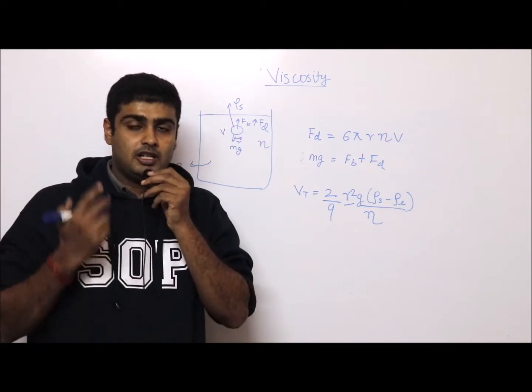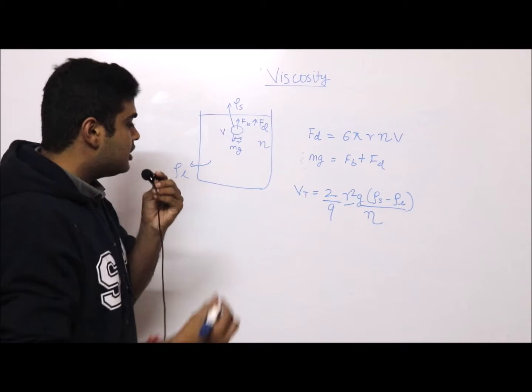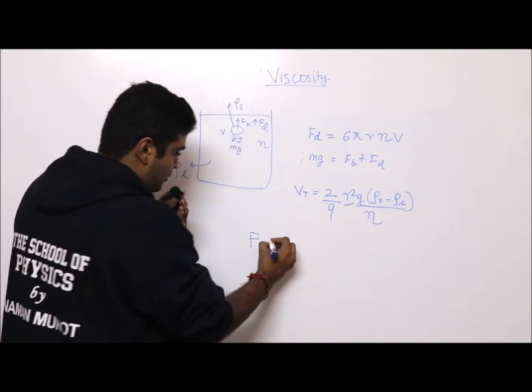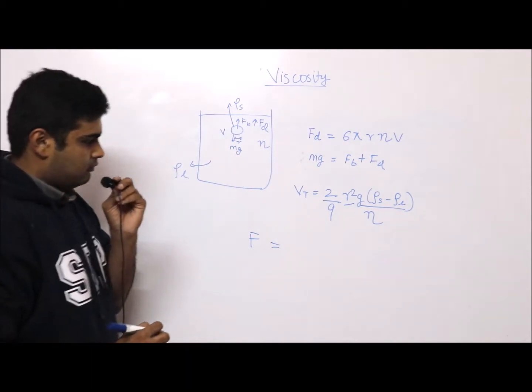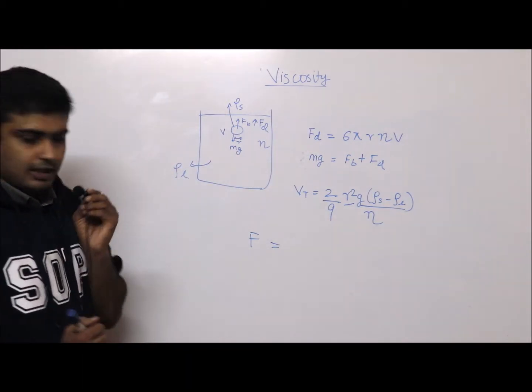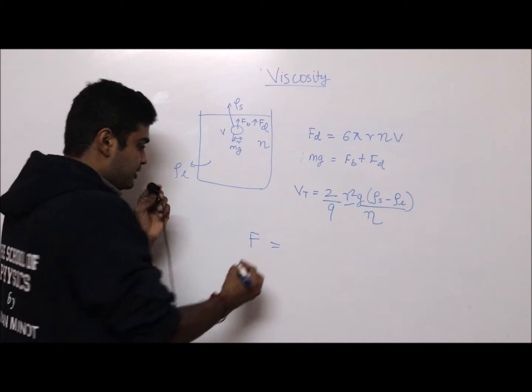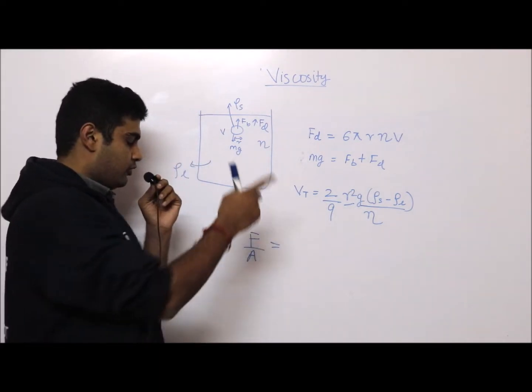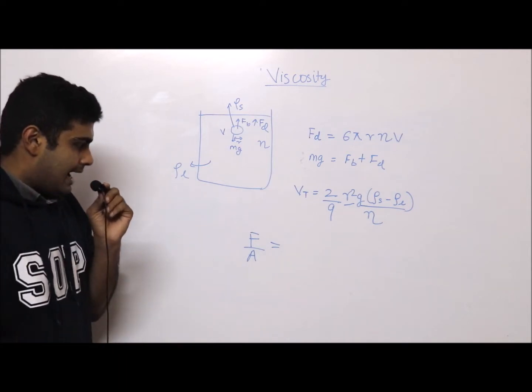Now the basic definition of viscosity. Viscosity depends on the gradient of velocity. So viscous force at any moment, you won't be needing this formula directly a lot of times, but viscous force is equal to force upon area. The area is the area on which this viscous force is acting.